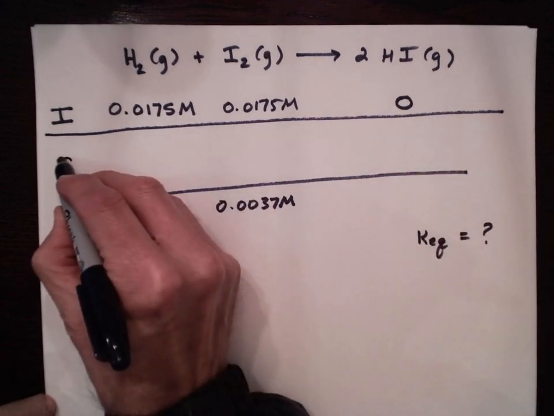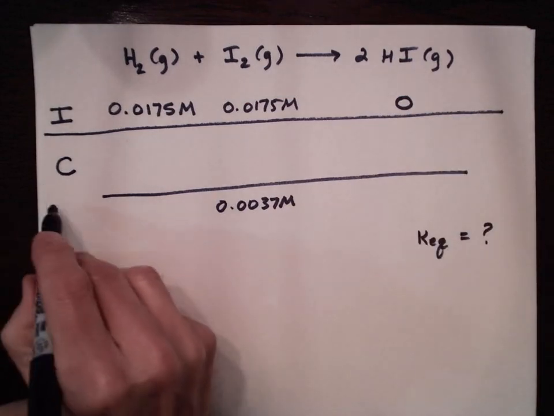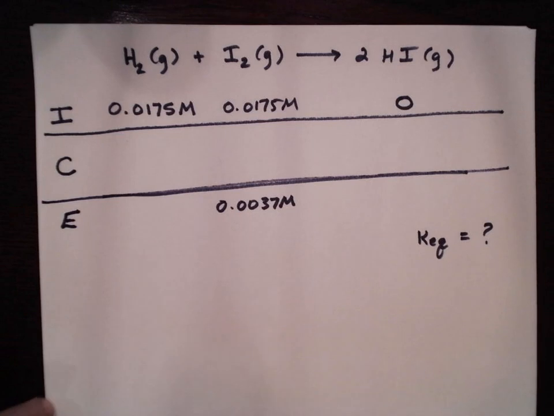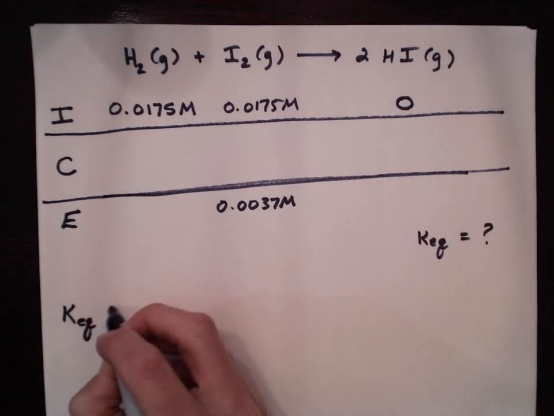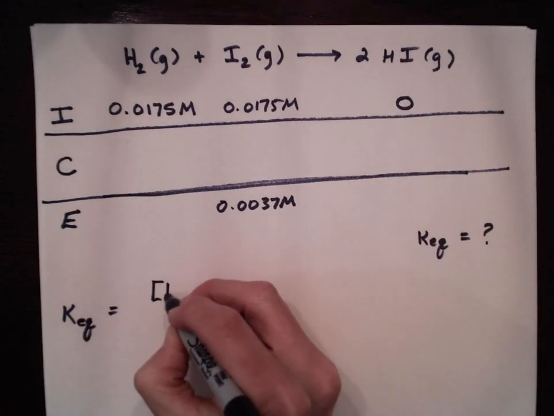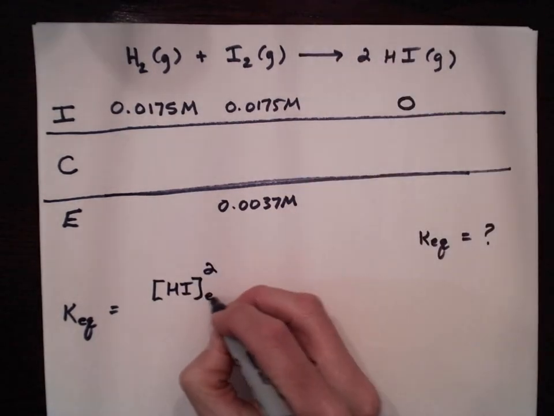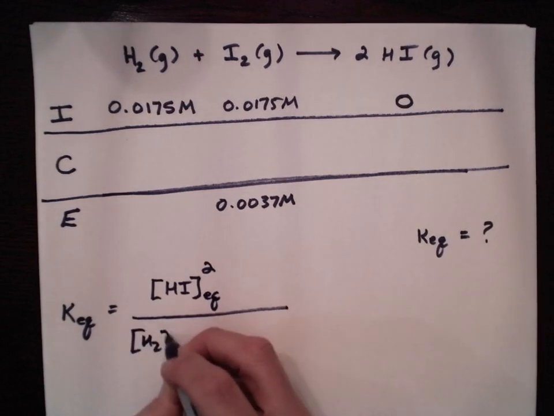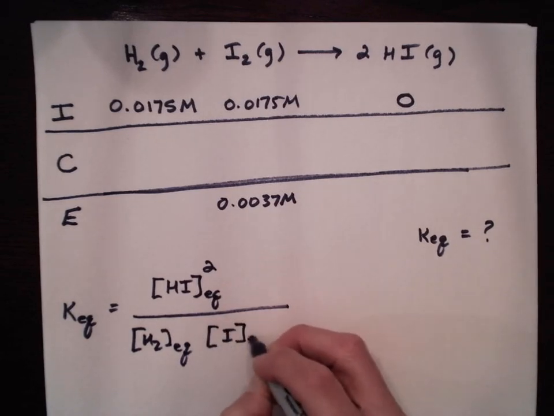We're going to keep track of any change that occurs in the system as it goes from the initial conditions to down here, which are the equilibrium conditions. And in order to figure out what the equilibrium constant is, we're going to need to fill in this entire row, because the equilibrium constant is calculated by taking the HI concentration squared at equilibrium and dividing that by the hydrogen gas concentration at equilibrium and the iodine gas concentration at equilibrium.